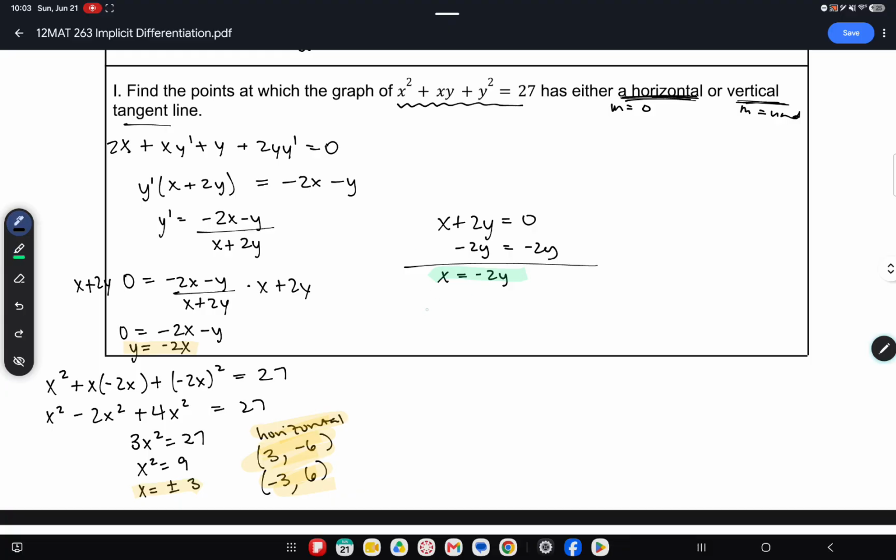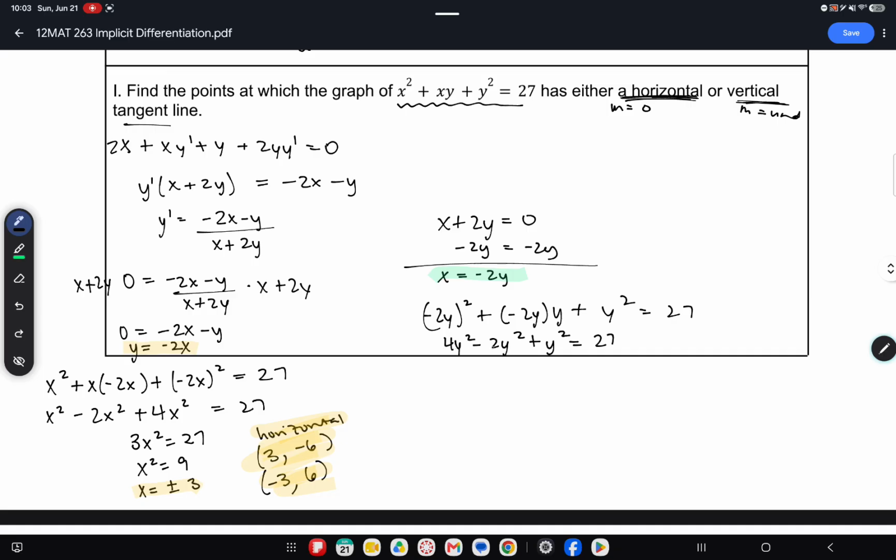So I'll go back to the original. So negative 2y squared plus negative 2y times y plus y squared is 27. So that's going to give me 4y squared minus 2y squared plus y squared equals 27.